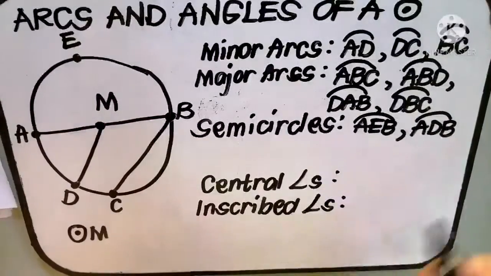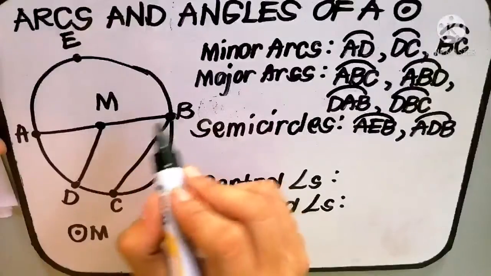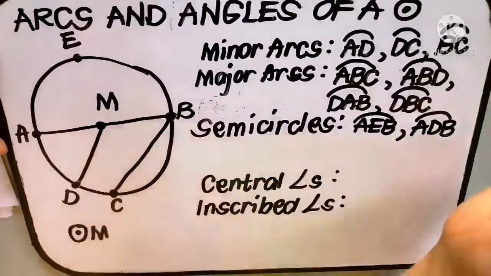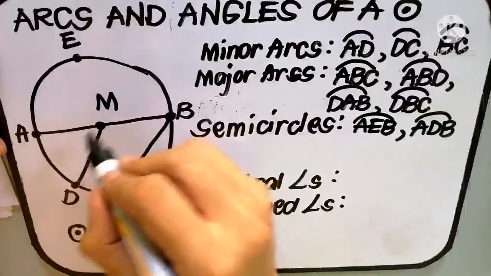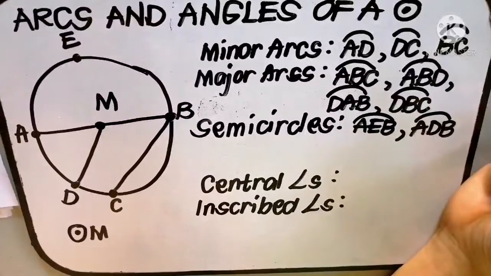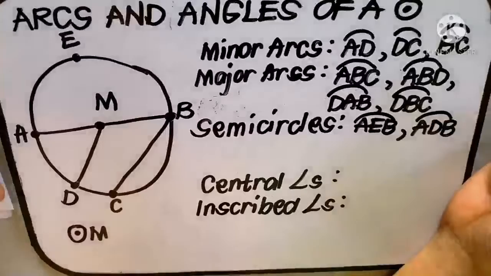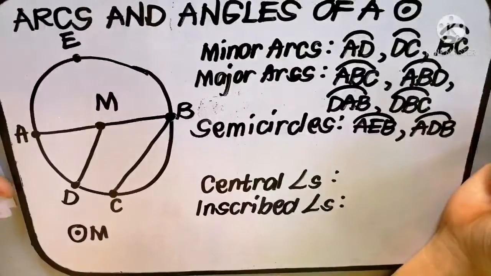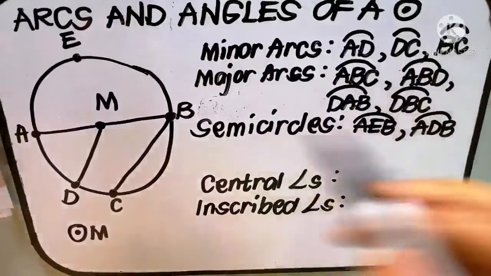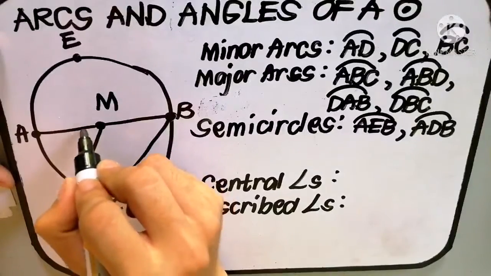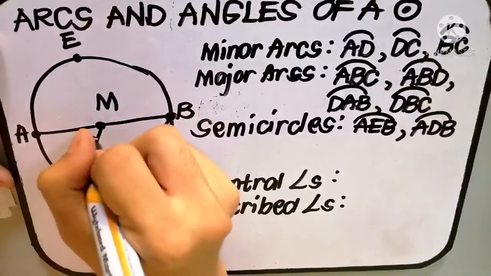Now for angles, as you can see, there are three angles formed here. For the central angle, from the term itself, the center of the circle is the vertex. So the vertex here is the center.